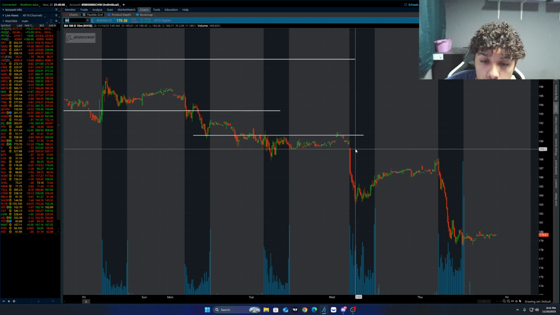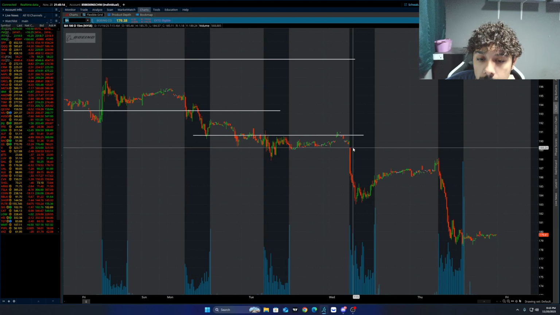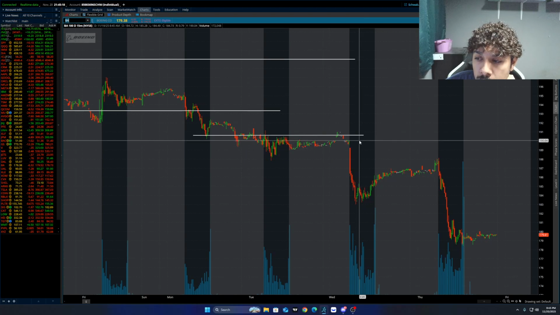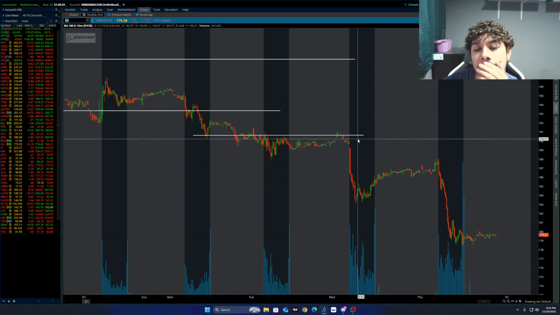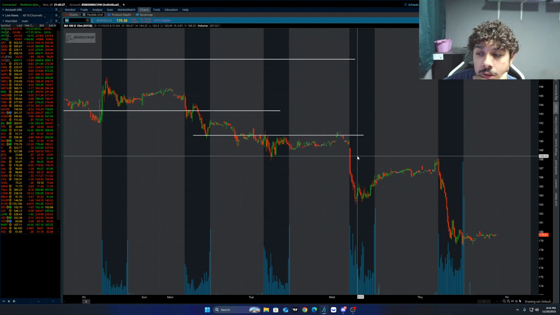It opened below pre-market, opened at pre-market low, and I'd enter at pre-market low, and stop loss I'd probably put right here. That's almost a dollar stop loss for a nice move all the way.